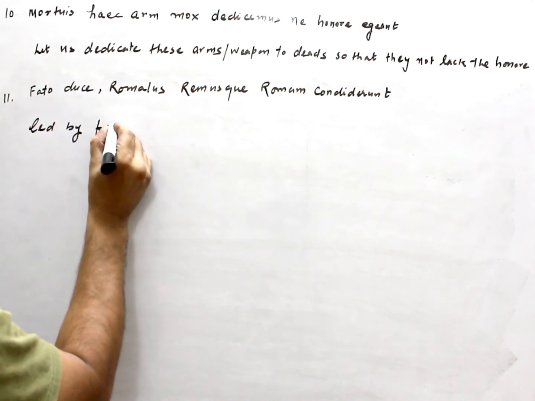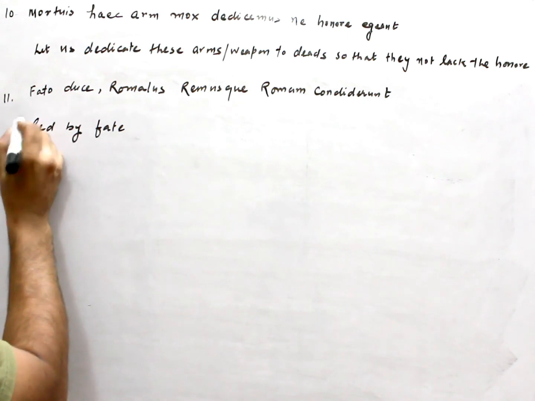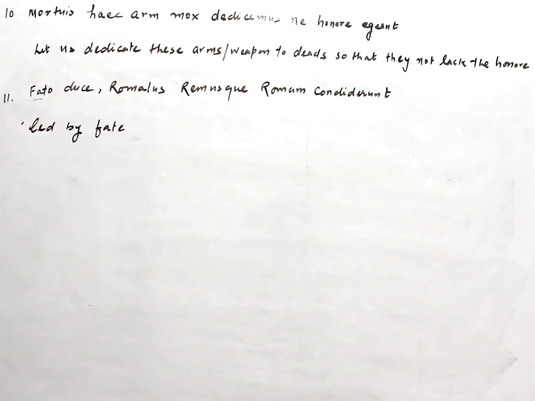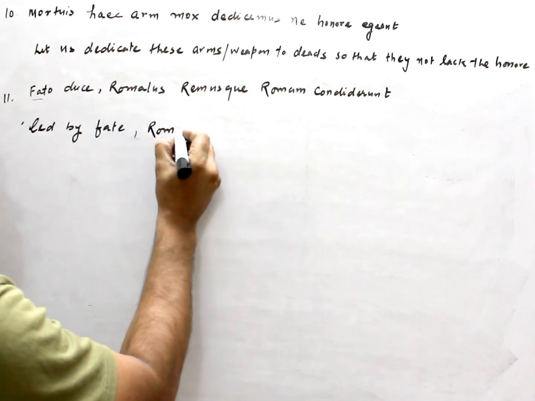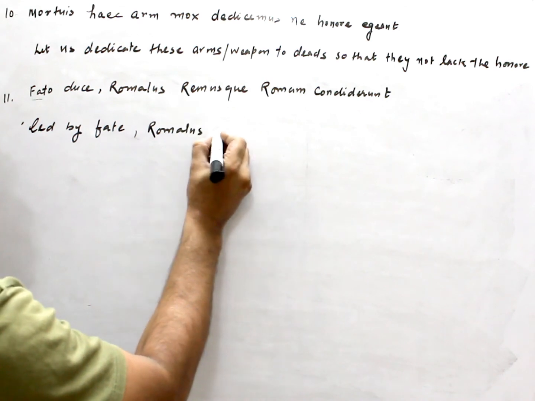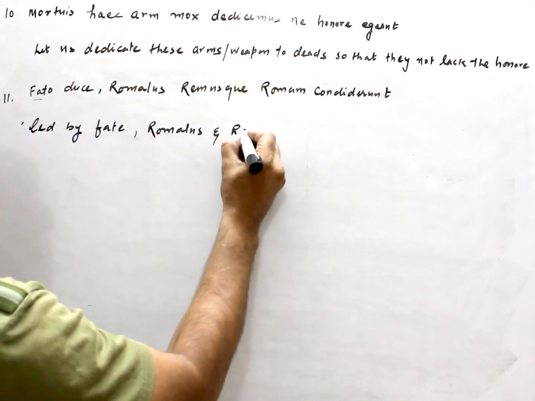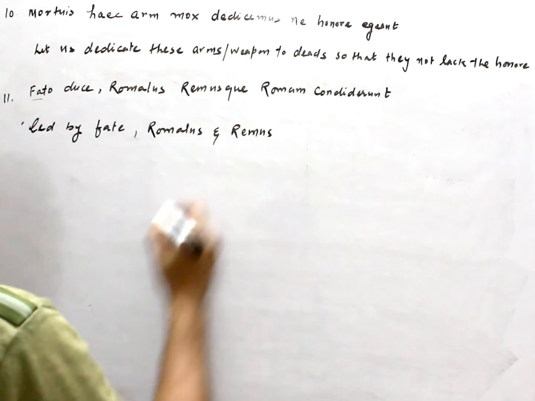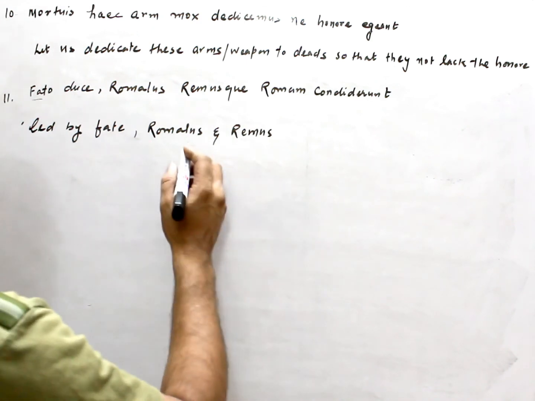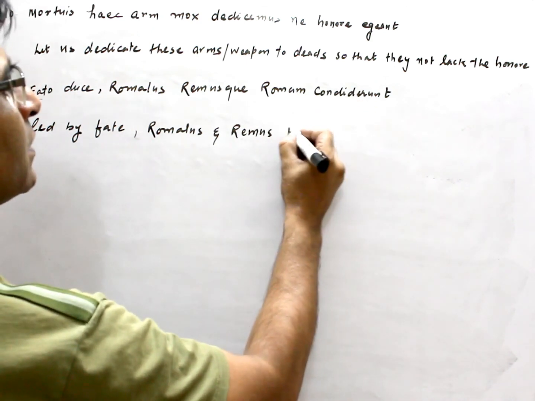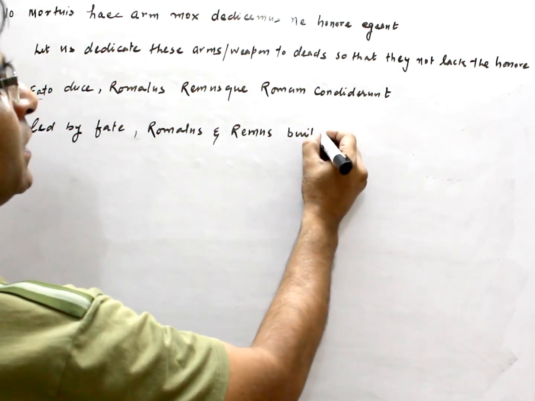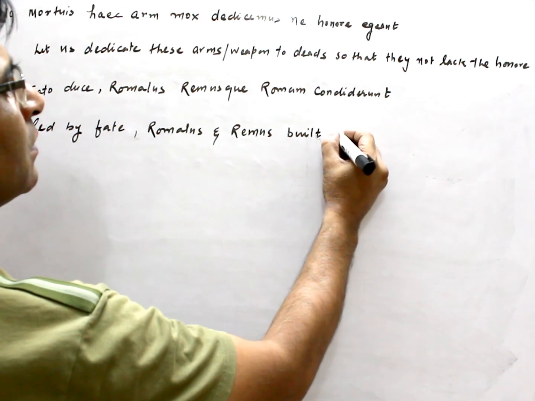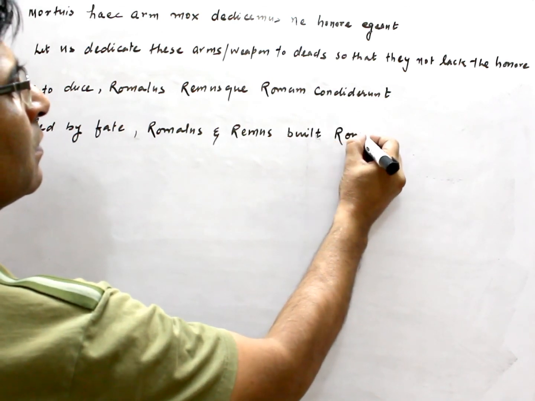Why is it perfect? Because it is having been. So Romulus and Remus built Rome.